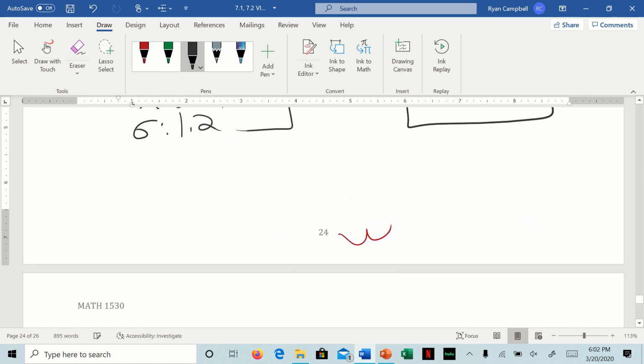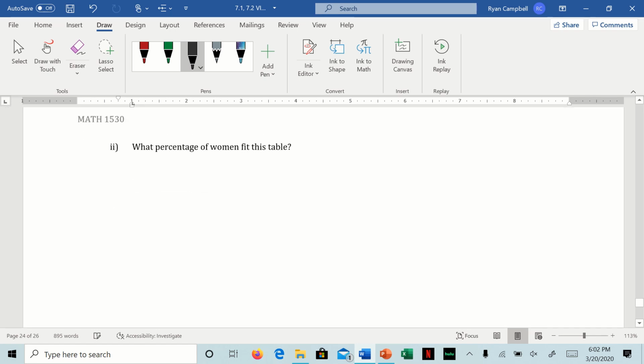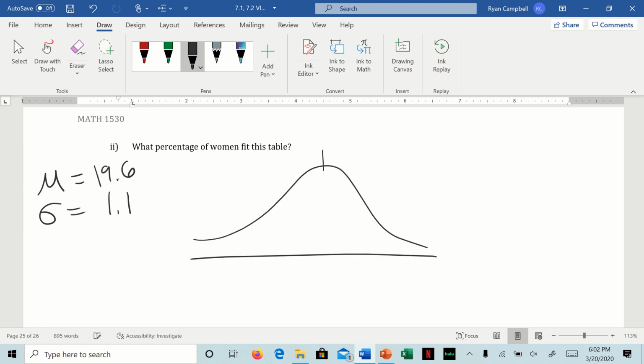All right. Practically the last question. What about women? What percentage of women will fit? If you go back, you can see that the mean seating height for women was 19.6. The standard deviation was 1.1. So practically speaking, it's going to be more or less the same thing.